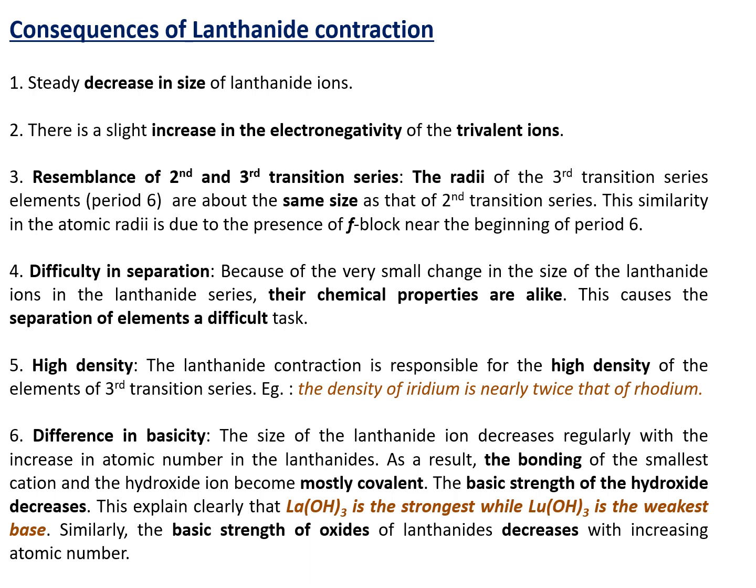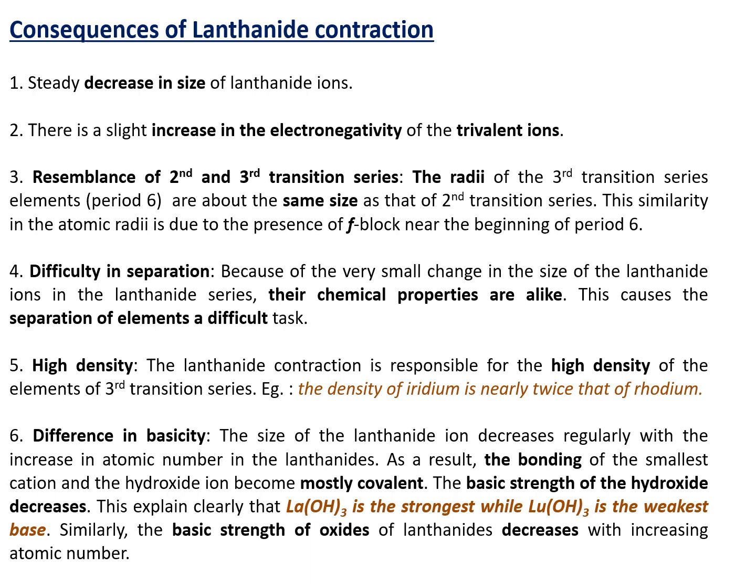Then the consequences of lanthanide contraction. The first one is the steady decrease in the size of lanthanide ions. The second is the slight increase in the electronegativity of the trivalent ions. The third is the resemblance of the second and third transition series. The radii of the third series are about the same size as the second transition series.